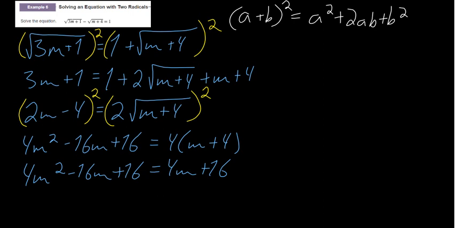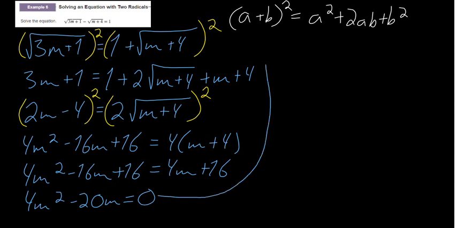Let's move everything to the left side. So we're going to have 4m squared minus 20m, and that's it, is equal to 0, because we subtract 16 from both sides, and 16 is going to cancel out. Okay, so we can factor 4m out.